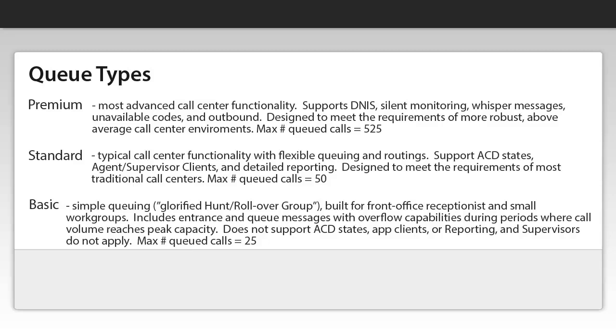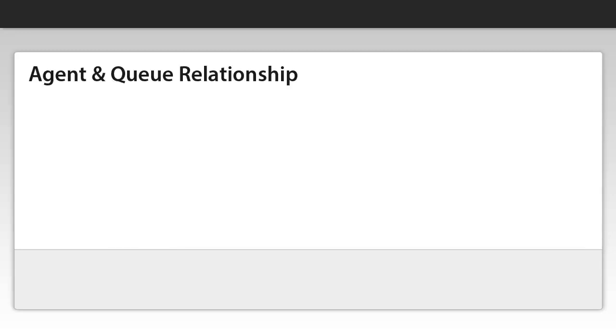Premium queues are designed for high-volume call centers and can support up to 525 queued calls per queue. For a comprehensive comparison between the different queue types and a detailed breakdown of each, please reference the Contact Center Administration Guide. So how are agents and queues related?